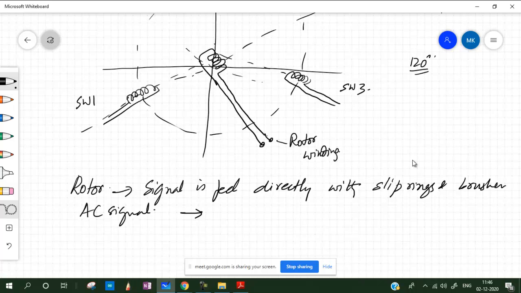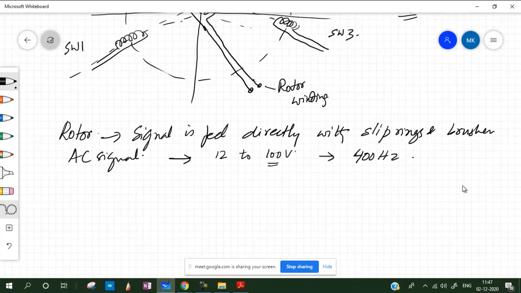So we generally make use of voltage of, let's say, 12, maybe 100 volts also, because this is used in ships, submarines, and where we have such requirements. So we have something like 12 to 100 volts, and a typical frequency, because when you use a low voltage AC signal, for good mutual induction to take place you need to have very high frequency. Obviously, if you use a very high voltage, you may use a lesser frequency range also, but again, you do make use of low voltage AC with a high frequency in this type of instrument.